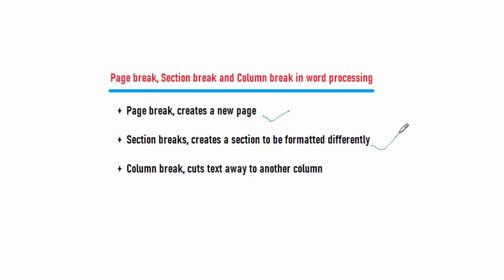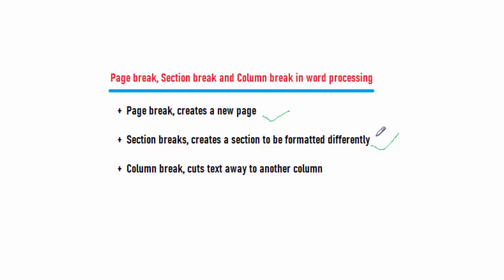Section breaks are used to create sections where you can format differently. For example, I'm making a book and my pages are in portrait orientation. That is, the height is longer than the width.